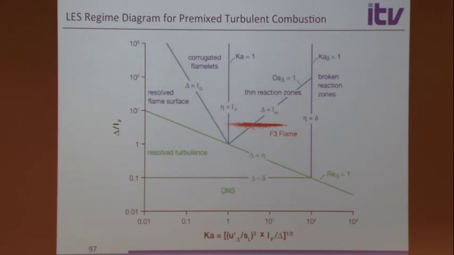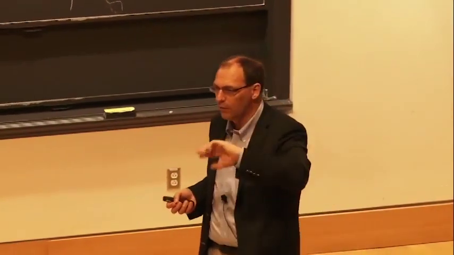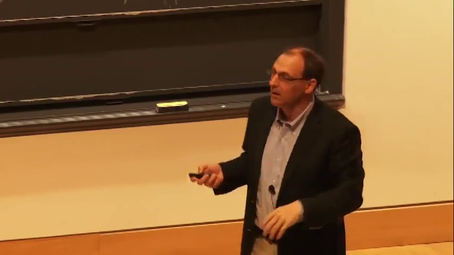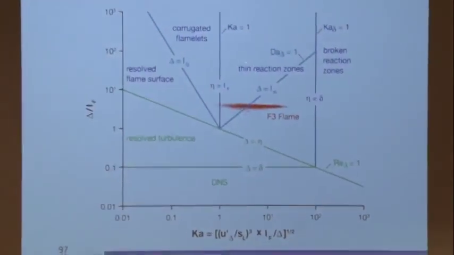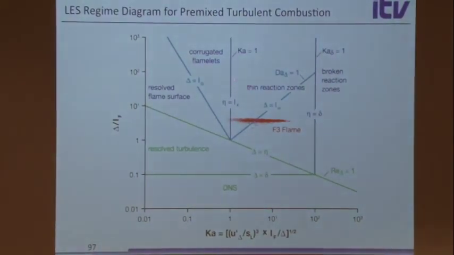This is something we should always keep in mind. When you look at an experimental paper, or the DNS paper I showed you earlier, you can evaluate the nominal Karlovitz number or Damköhler number or u prime over SL, the nominal values. Very often people use a regime diagram and put a point here and say, this is where my flame is. But this is not where the flame is, because this is the nominal value for the flame.